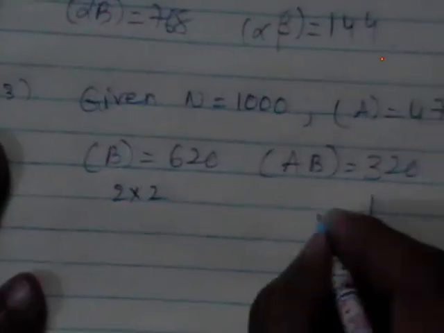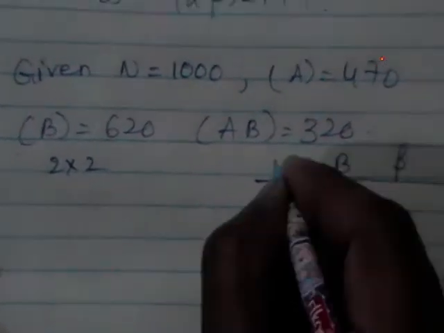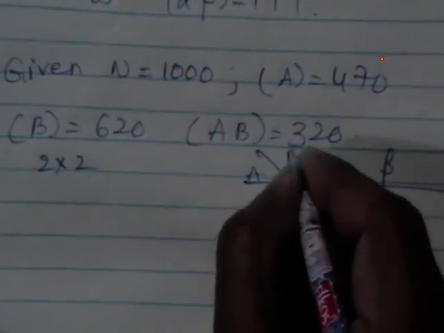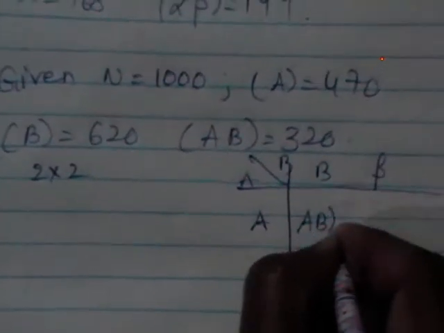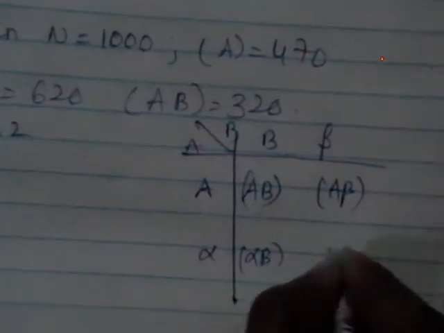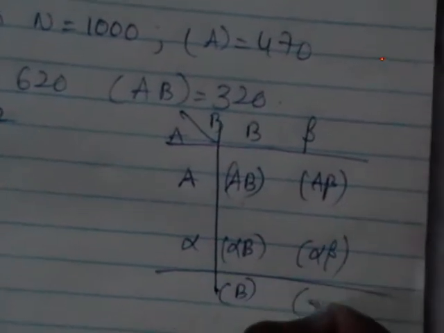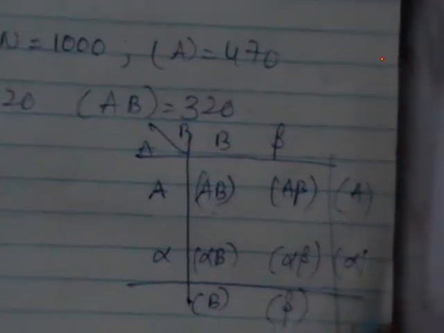Whenever it's a 2 by 2 classification, you should always draw the contingency table A, B. This is AB, A beta, alpha B, alpha beta, which is bracket B, bracket beta, bracket alpha and n. So try to represent the data in the table.